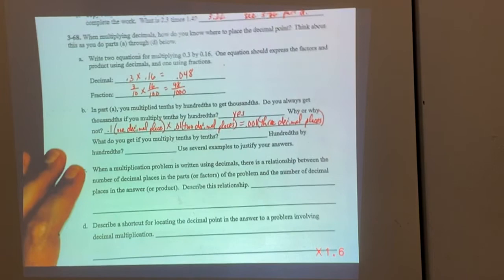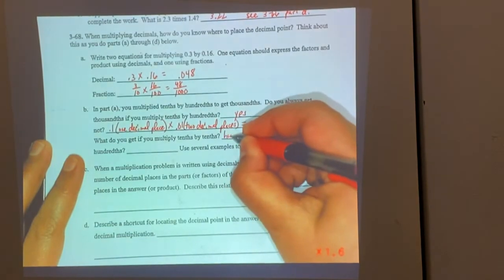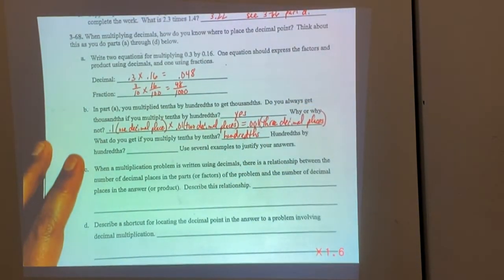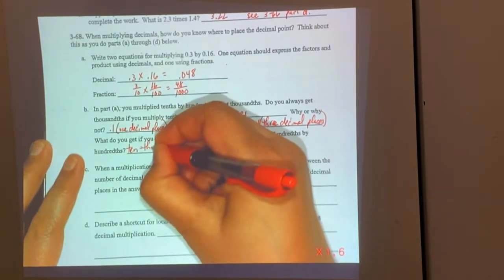Okay, awesome. What do you get if you multiply tenths times tenths? Tenths times tenths is hundredths. Hundredths by hundredths. It's 4 zeros. You would get 10 thousandths.